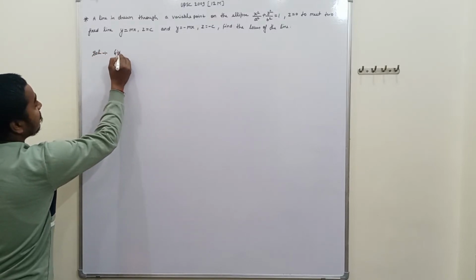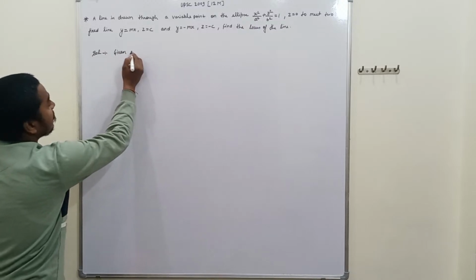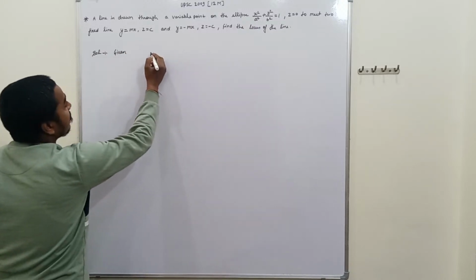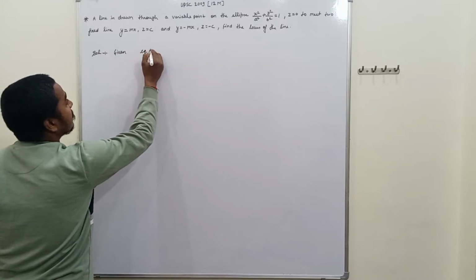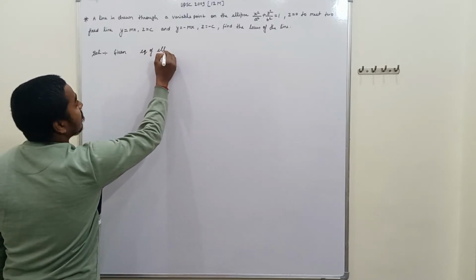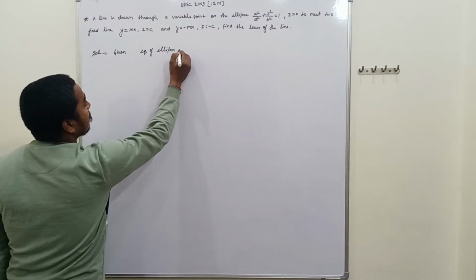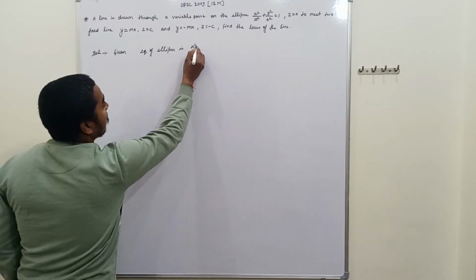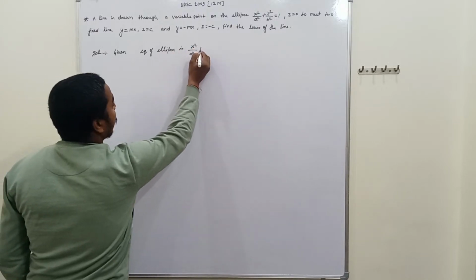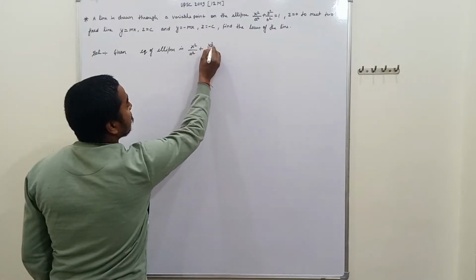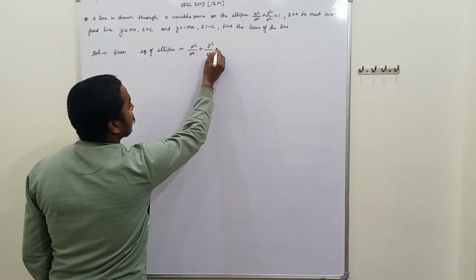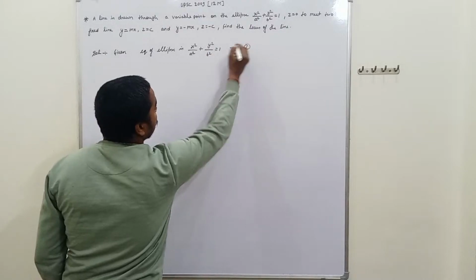Given, the equation of the ellipse is x square upon a square plus y square upon b square is equal to 1. Let this be equation 1.